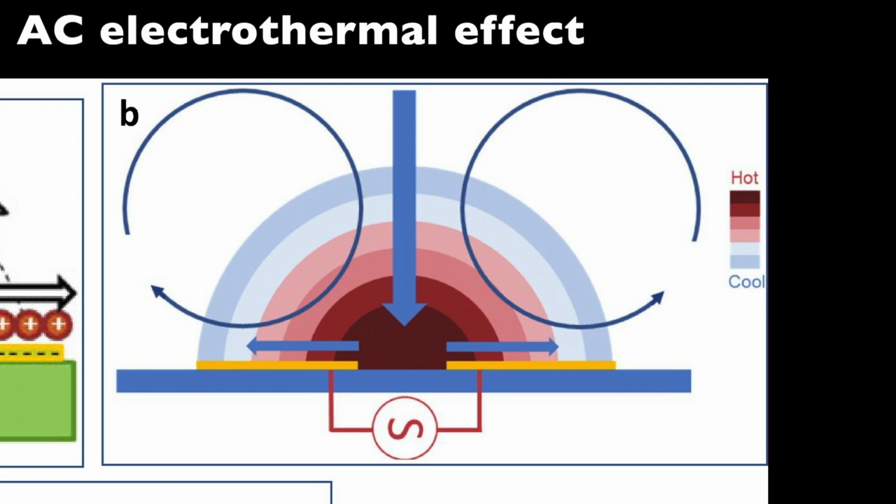So for the AC electrothermal effect, when the electrolytes with high electrical conductivities are exposed to an external non-uniform AC electric field, Joule heating effect becomes more significant than electroosmosis. So this effect can be characterized according to the energy balance equation using thermal conductivity and the temperature.